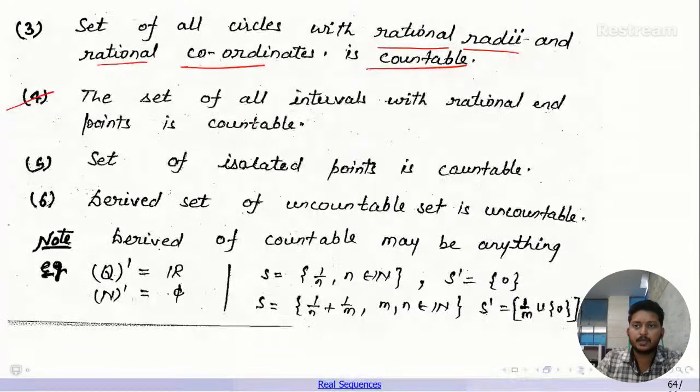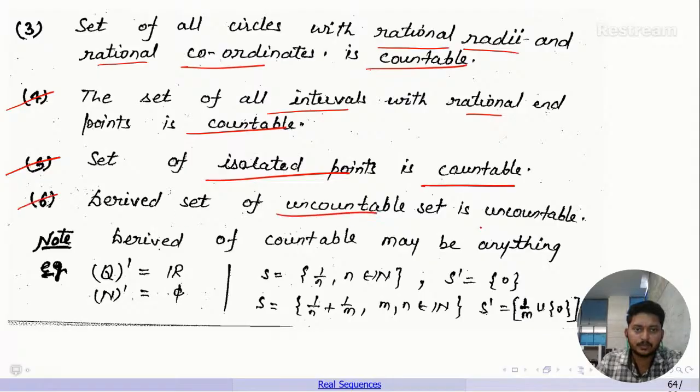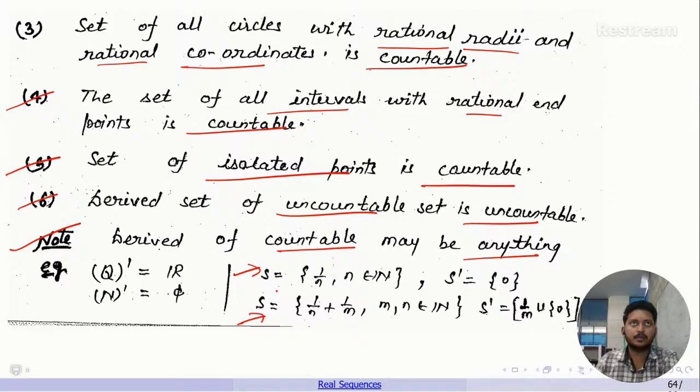Fourth, the set of all intervals with rational endpoints is also countable. Fifth, the set of isolated points is countable, and sixth, the derived set is uncountable. The derived set of a countable set may be anything: Q' = R and N' = ∅. These are important parts connected with continuous functions, and they are asked every time in CSIR-NET and other competitive exams.